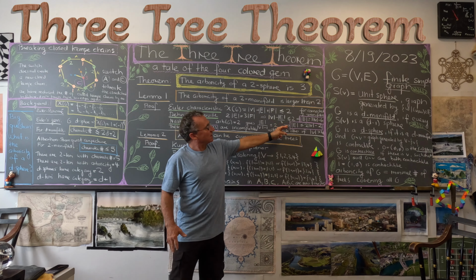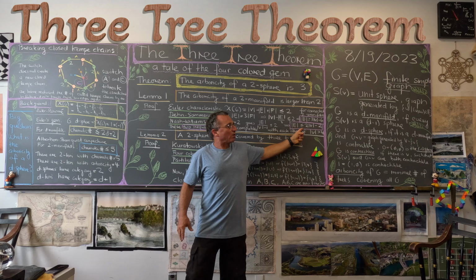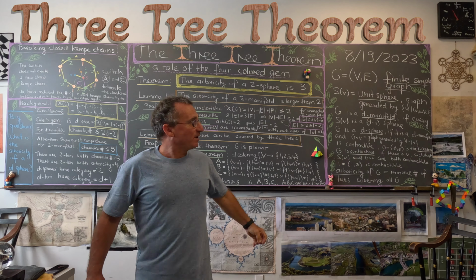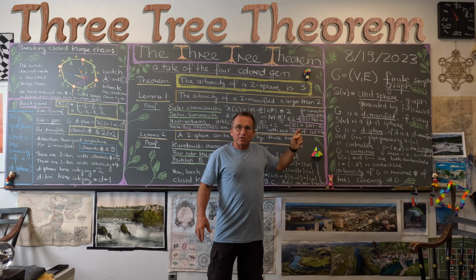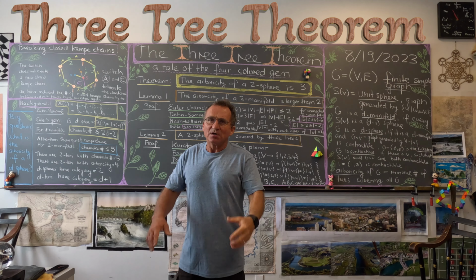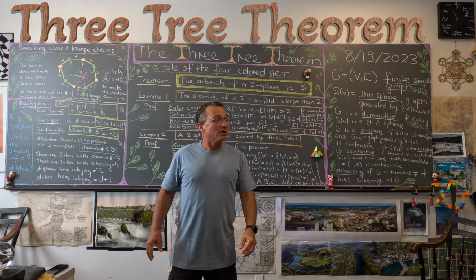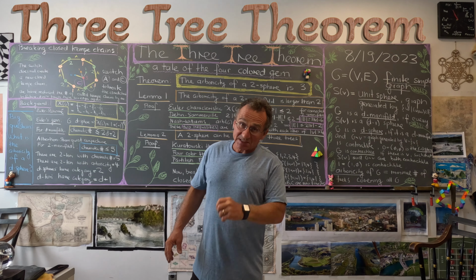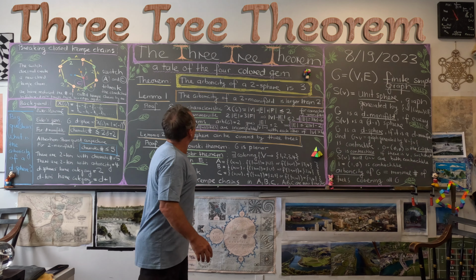And then we can combine that, and we have 2 inequalities. And these 2 inequalities are incompatible if we have more than 4 vertices. And every 2-sphere has more than 4 vertices. The smallest 2-sphere is the octahedron, which has 6 vertices.